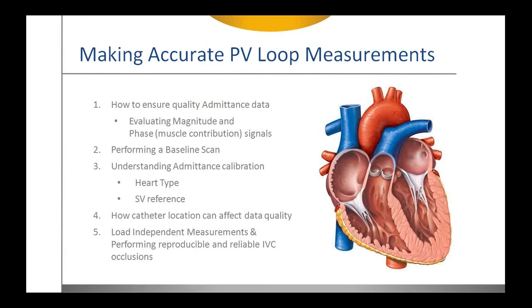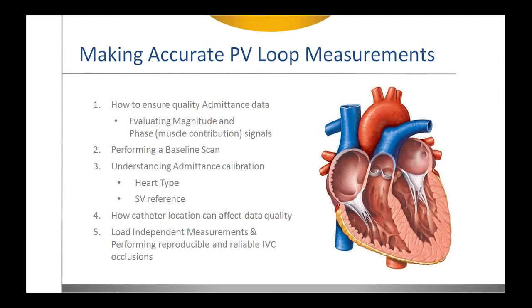We will cover how to perform a baseline scan, which is a very important portion of this webinar. And also we will cover understanding of admittance calibration, how the catheter location can affect the data quality, how load-independent measurements are performed, and performing reproducible and reliable IVC occlusions.